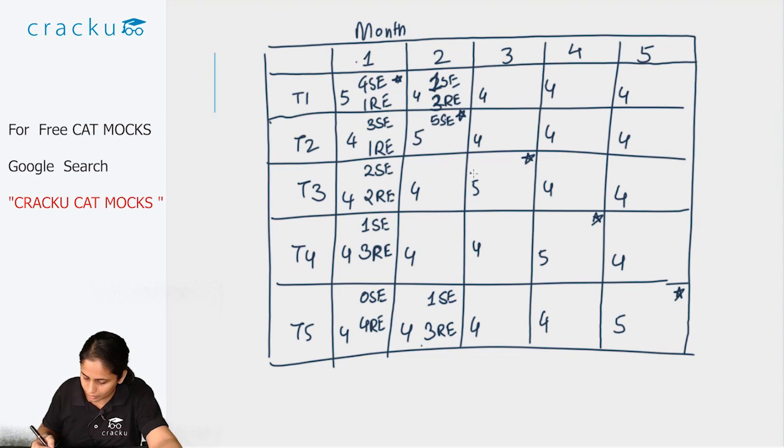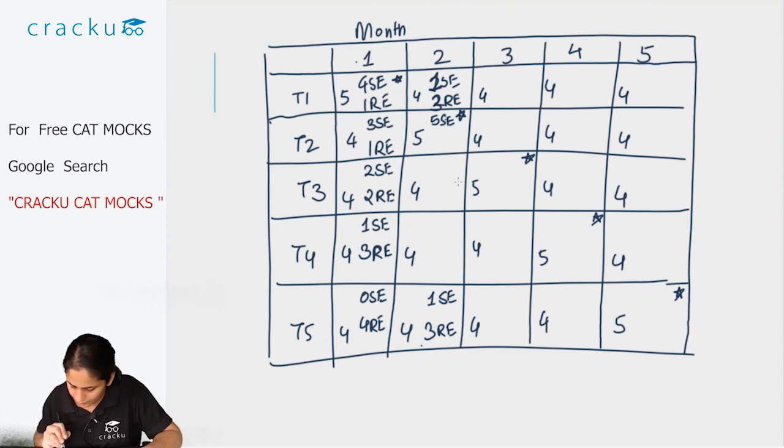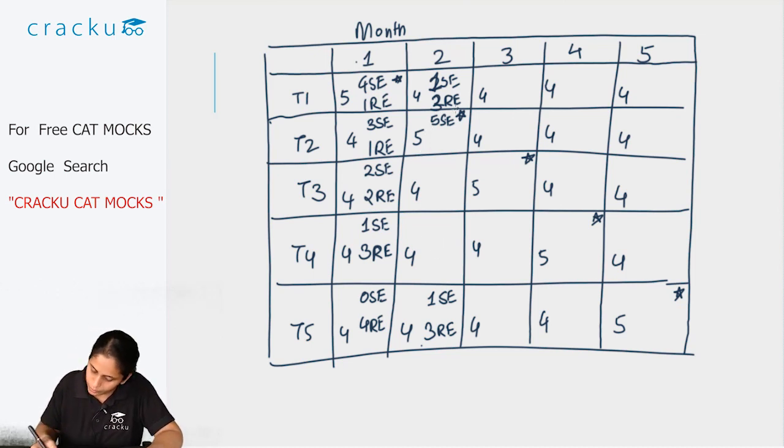Now between T2 and T4. If T2 has an SE, it has to give it to T4, and if T4 has an RE, it has to give it. Now T2 does have an SE, so it will have to send one over here and it will have to accept an RE in return. So it will have 4 SEs now and 1 RE.